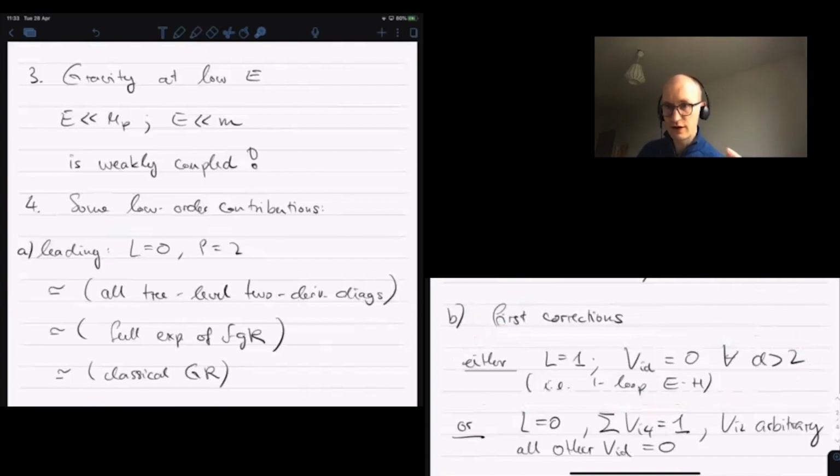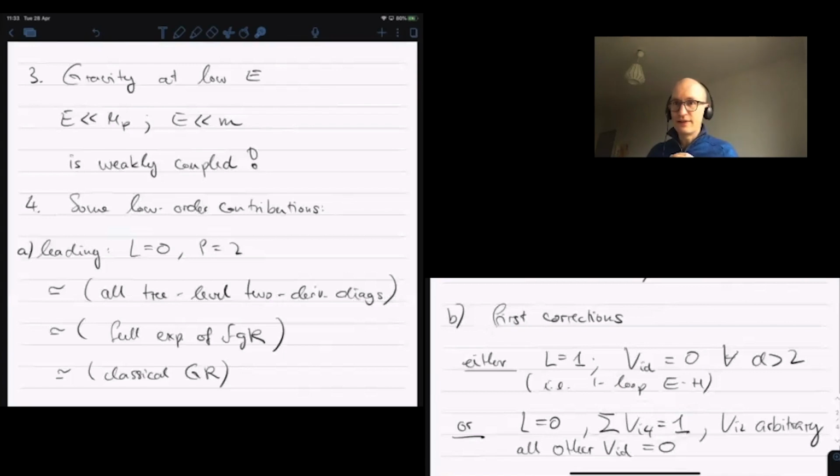That's great news. However, there's slightly bad news, which is that there is also another way of contributing at the same order of correction to the classical GR, and that's where you stay at tree level, but you include one of the higher derivative terms. What I'm going to show you now is something which, at least I find, is quite subtle, but once you understand it, it's sort of obvious.